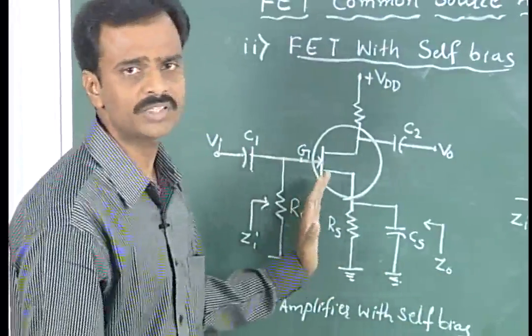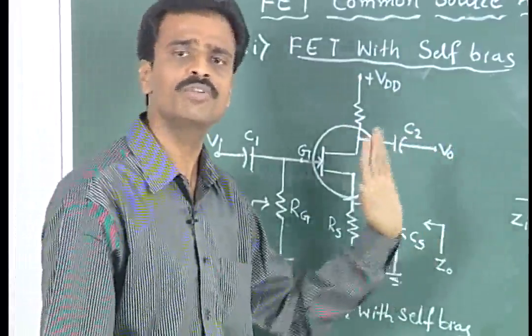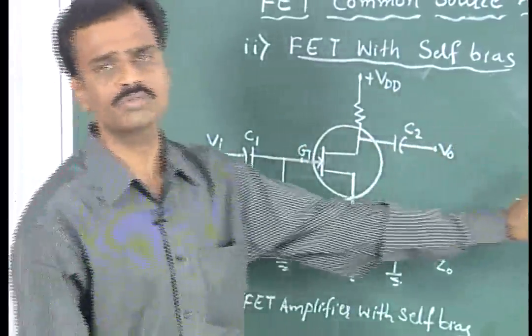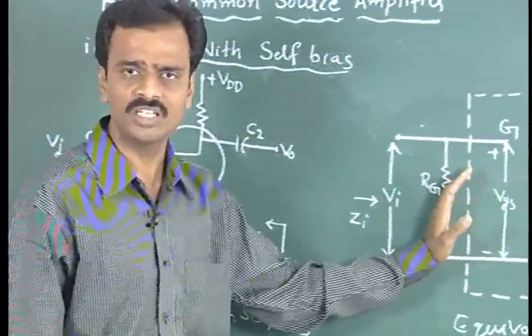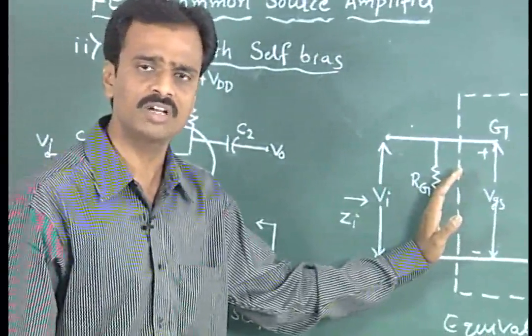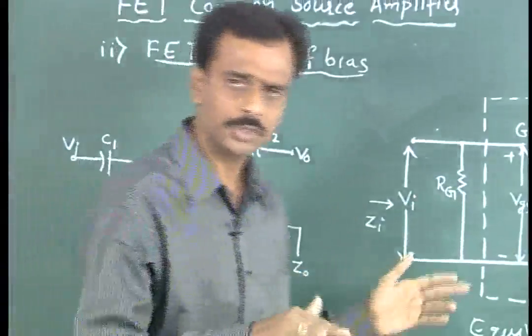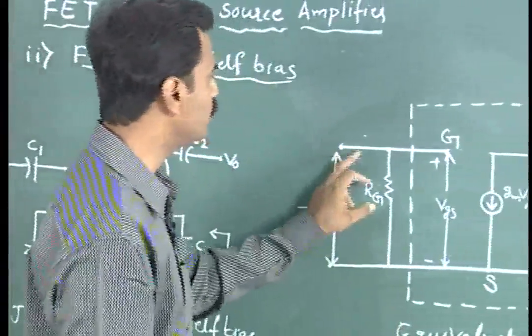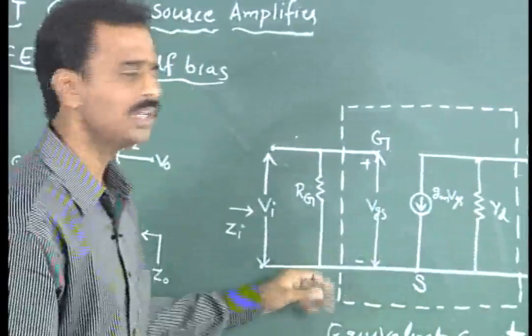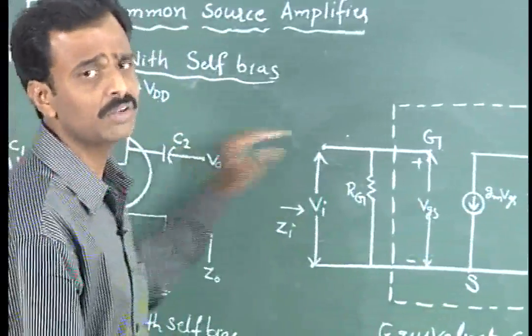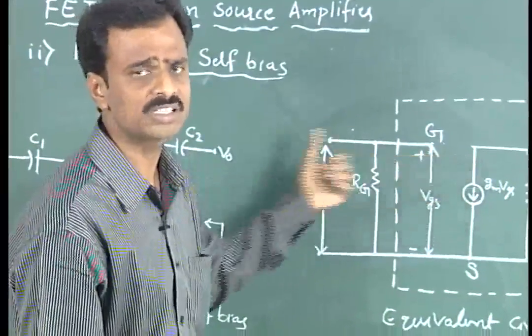In a similar fashion, whatever we have seen in the case of fixed bias, the same rules we apply here to draw the low frequency equivalent model circuit for the case of self bias, just by short circuiting the capacitances. Here we don't have any other capacitance. Just by short circuiting the capacitance, we can draw the equivalent circuit for self bias.